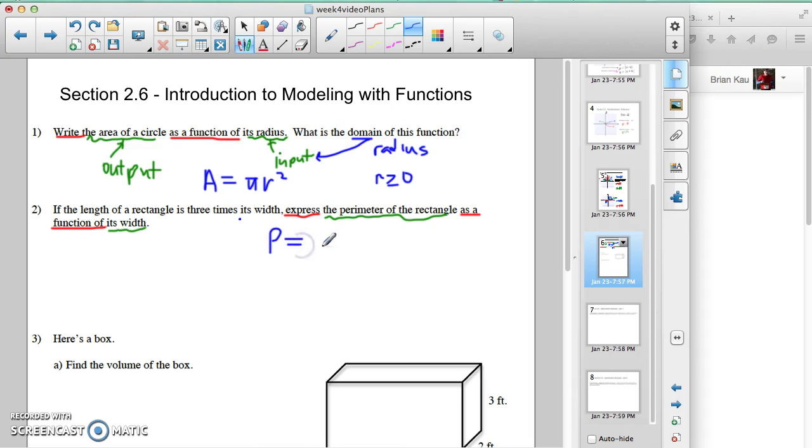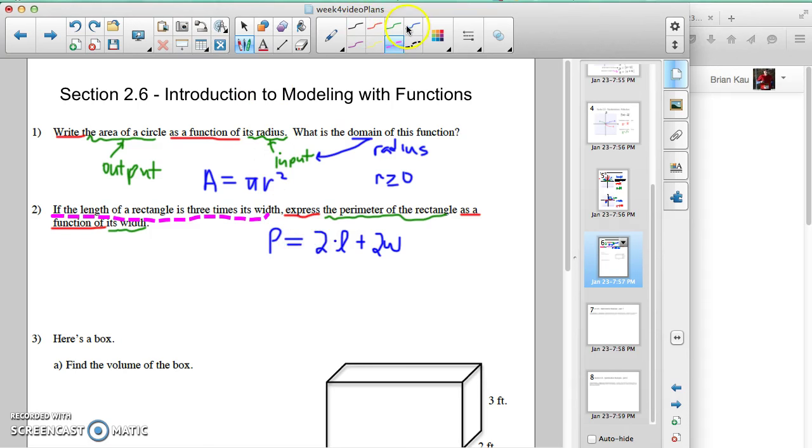So perimeter of a rectangle by formula is 2 times the lengths and 2 widths. But in this case, there's another part of this that says the length is 3 times the width. So we're going to use this section to help us modify our relationship.